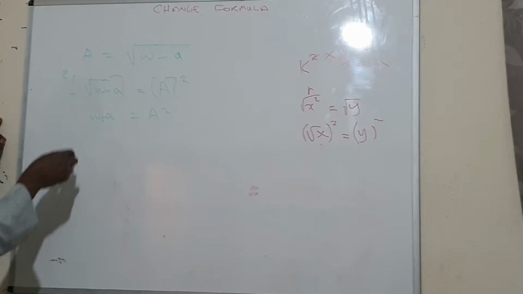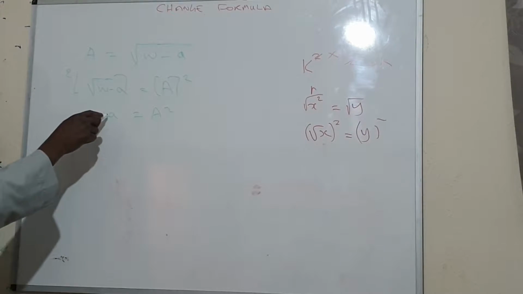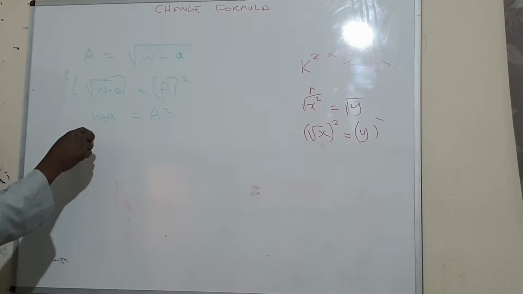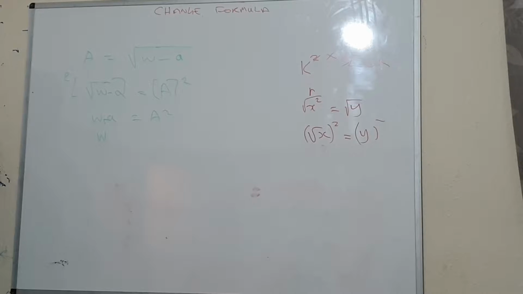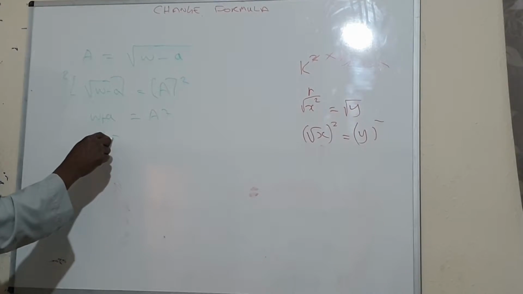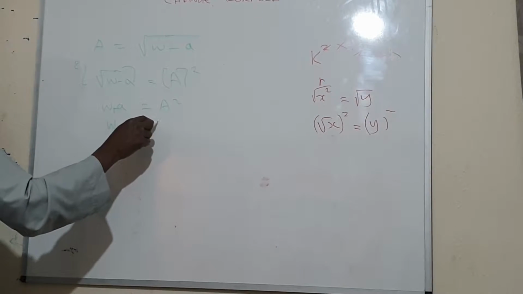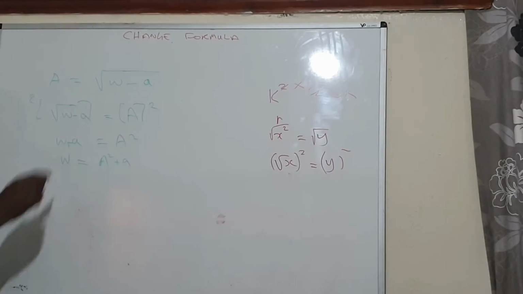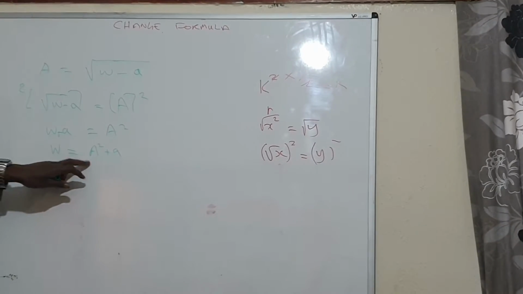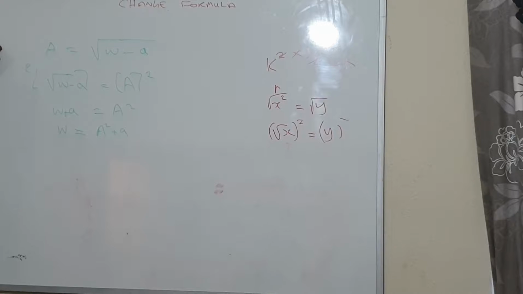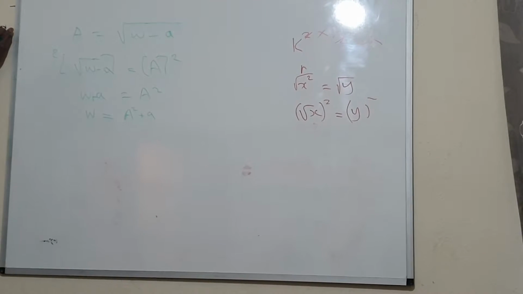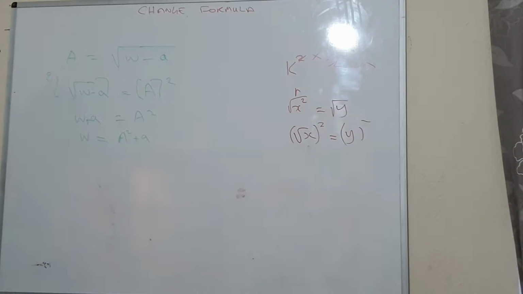Then look here. If we have W minus A, what are we looking for? We are looking for W. So this is equal to A squared plus A. That means that this A and that A are not the same. One looks like area and the other like another variable, length or whatever.